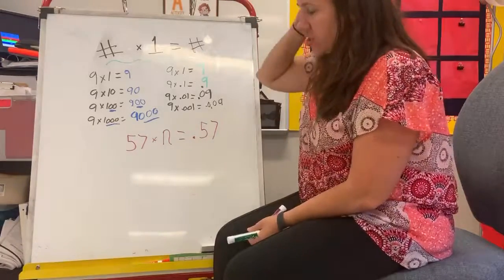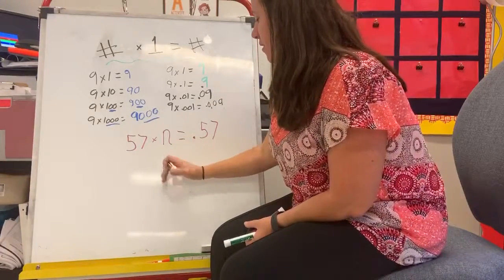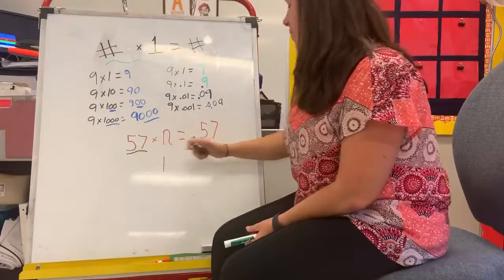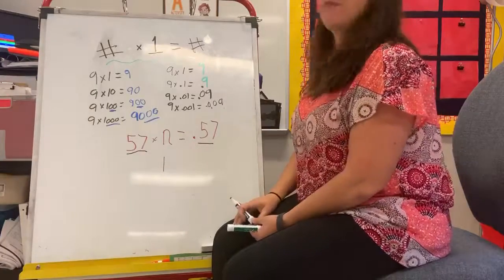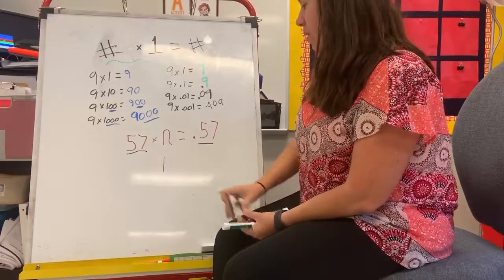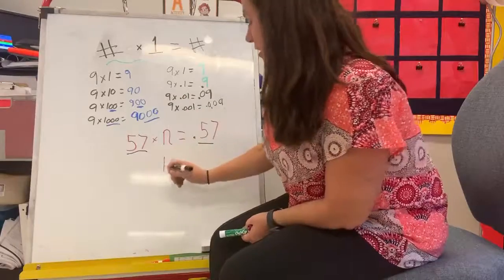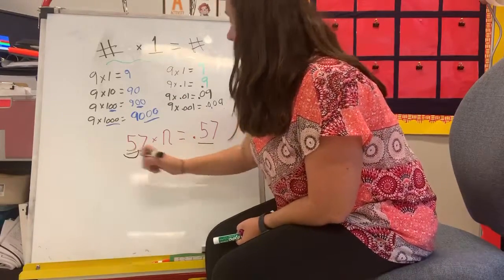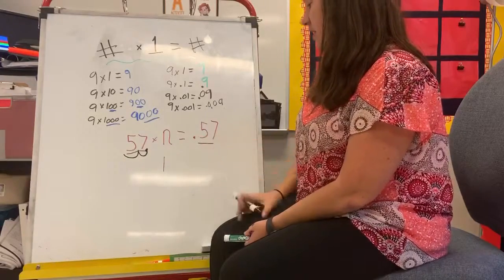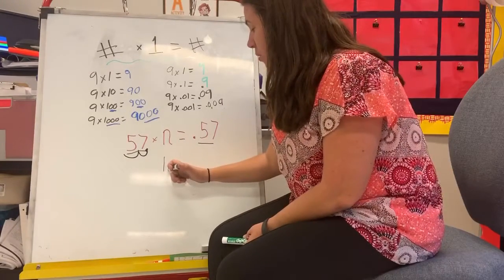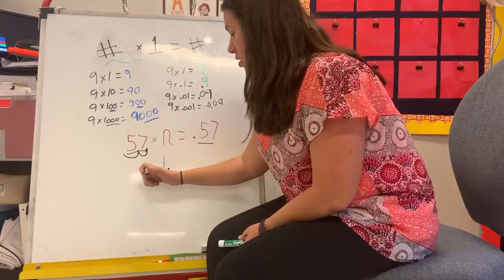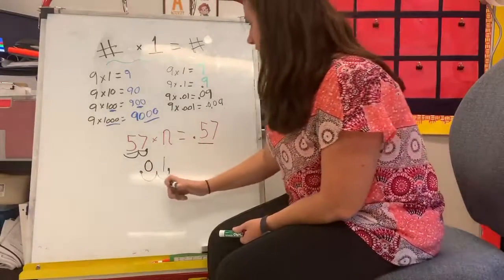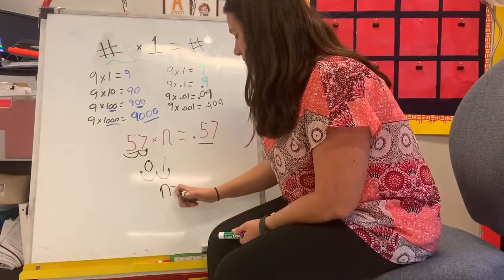So if I start thinking about n like this as a 1, because here's my 5 and my 7, my 5 and my 7, I just need to figure out where to put that decimal. Well, the decimal started here in 57, and it's moved 2 times to the left to get to this answer. So my decimal starts here in my 1, and it's going to move 2 times, and don't forget my placeholder. So n in this case is 1/100th.